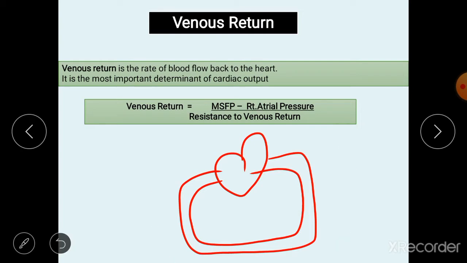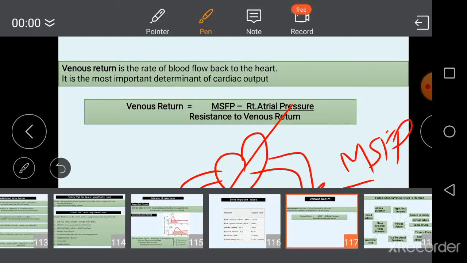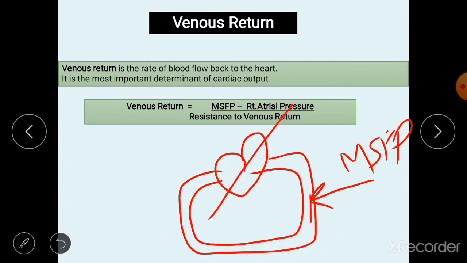So, if you stop the heart and you allow the blood to be equally distributed in your circulatory tree, and then you see the pressure which this blood exerts on the vessel walls, this pressure is known as the mean systemic filling pressure, and this is the pressure with which the blood moves back towards the heart. So it is the most important determinant of venous return.